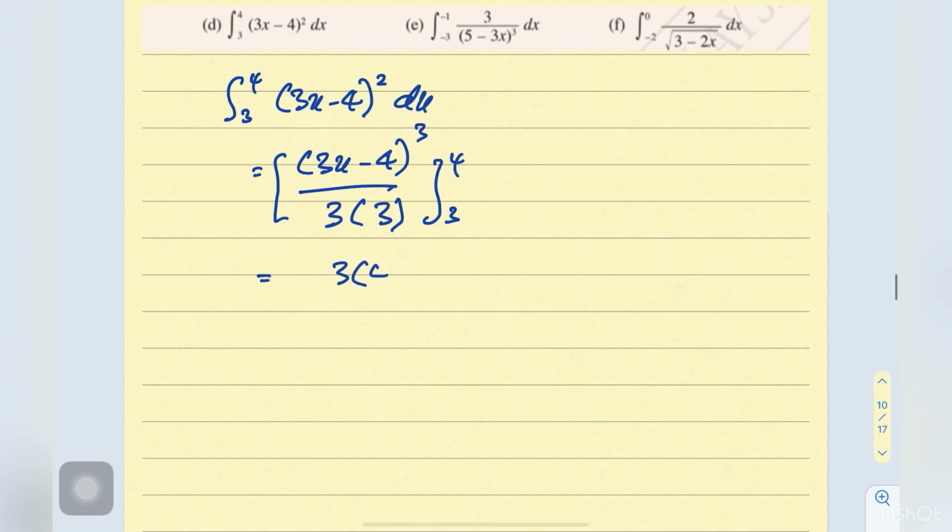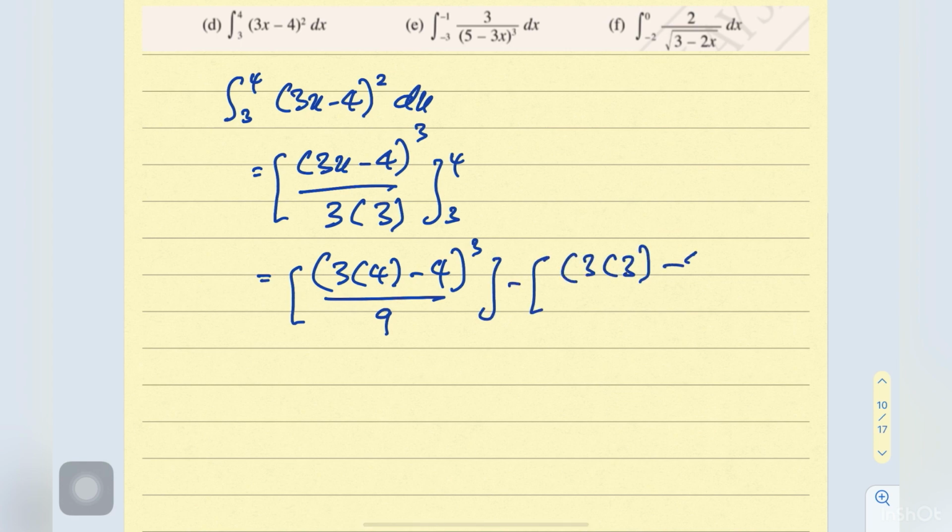So 3 times 4 minus 4 cubed over 9, minus 3 times 3 minus 4 cubed over 9. So this one, it would be 43.